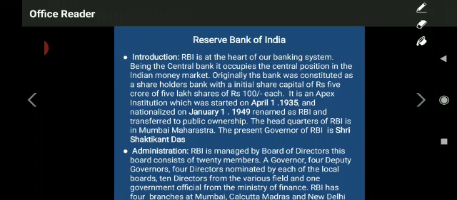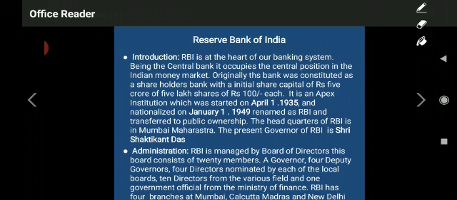It is an apex institution which was started on 1st April 1935. It was started in the sense that it came under the control of the government by 1st April 1935.